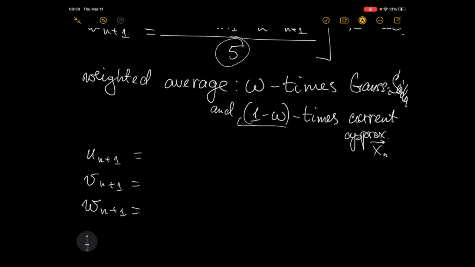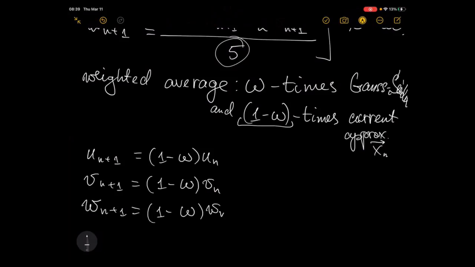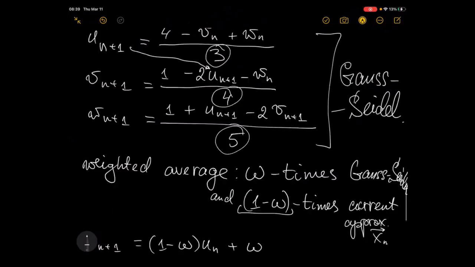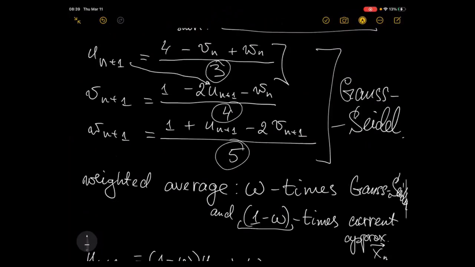So 1 minus omega times the current approximation: 1 minus omega times u_n, 1 minus omega times v_n, 1 minus omega times w_n, plus omega times Gauss-Seidel.